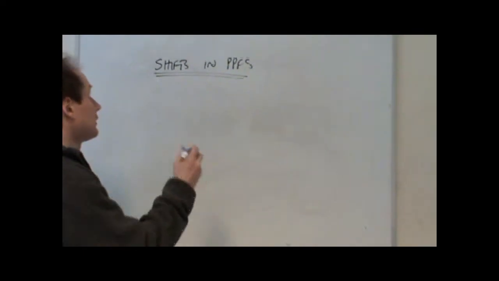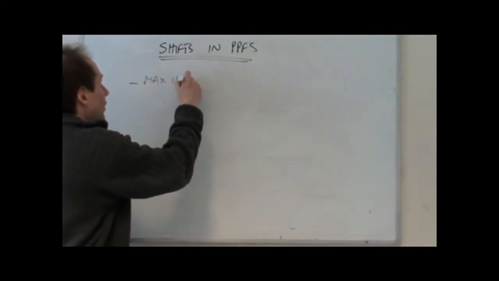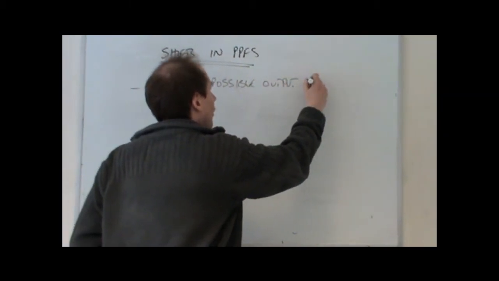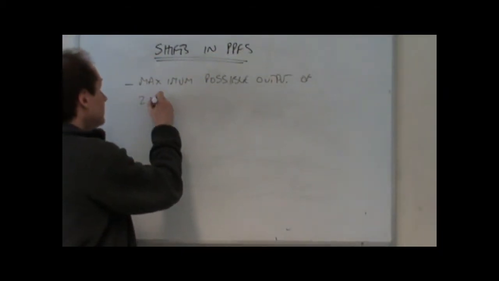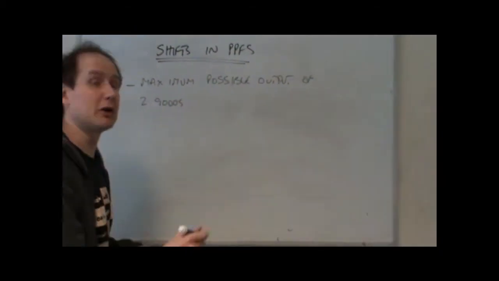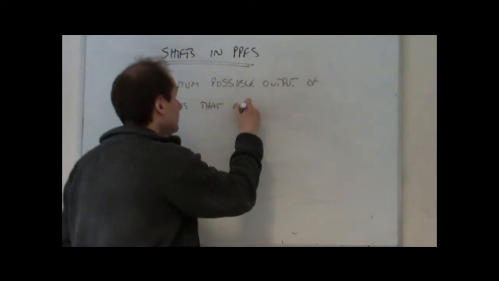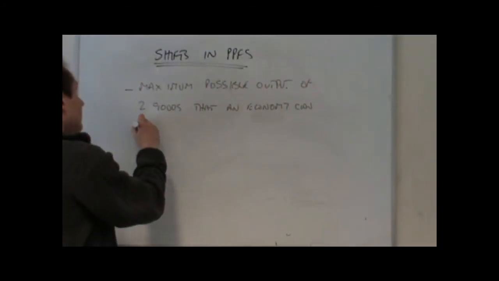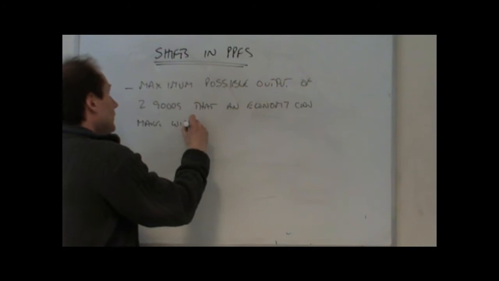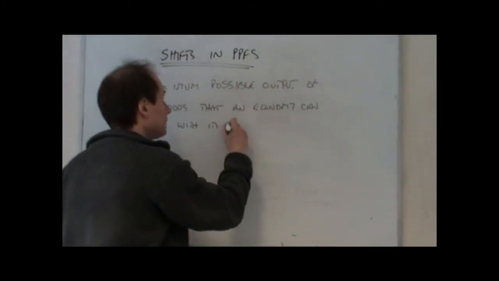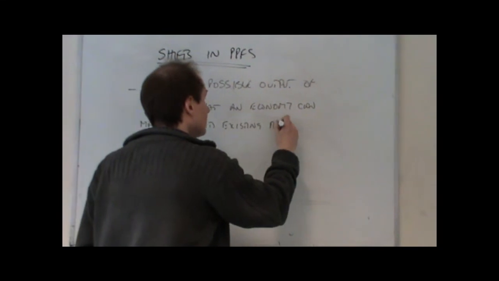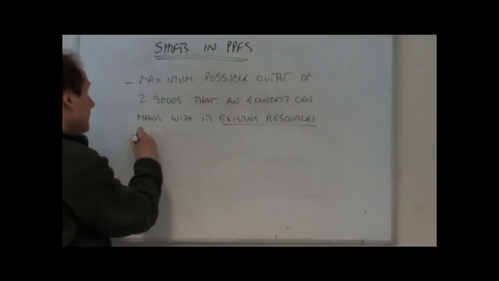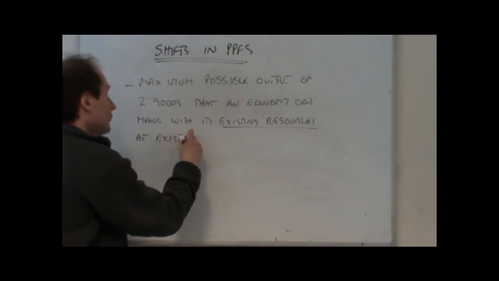It shows the maximum possible output of, say, two goods that an economy can make with its existing resources at existing factor productivity.